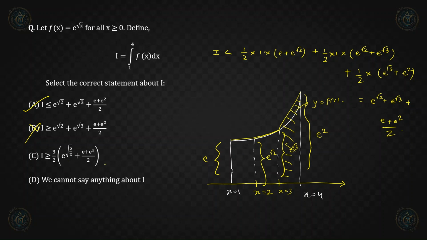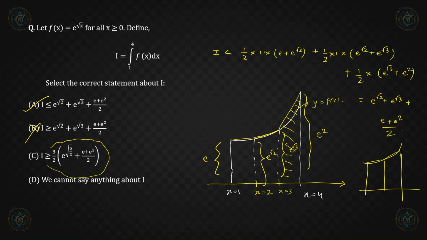You can also check this by the trapezoidal approximation, constructing the trapezium for two subintervals like this. So we have this graph and this is the midpoint. We just join this point with this point and this point with this point, right? So the total area of the two trapeziums will come out to be exactly this value.